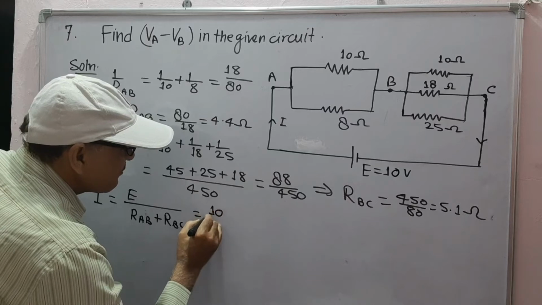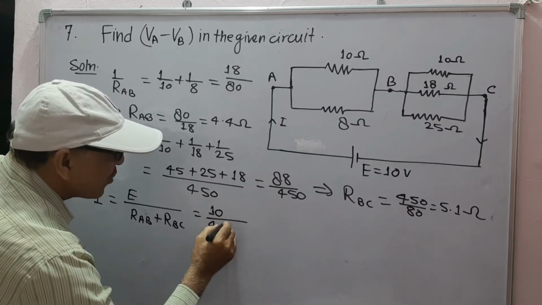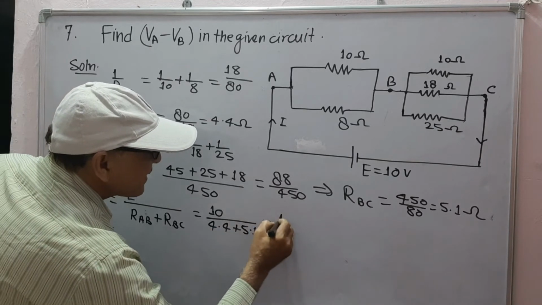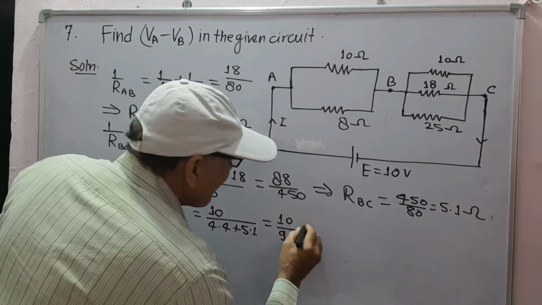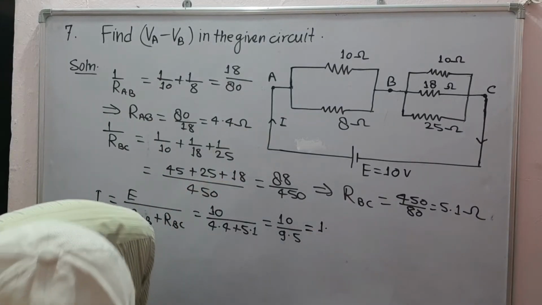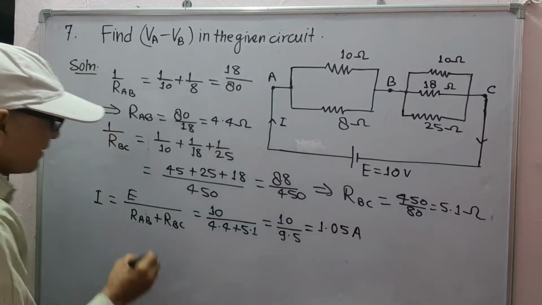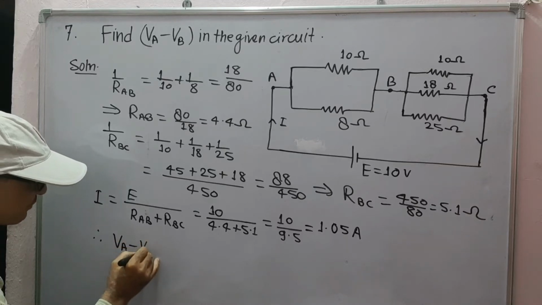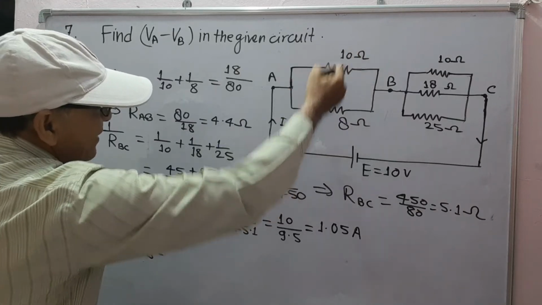So 10 upon 4.4 plus 5.1, that is 10 upon 9.5. I is equal to 1.05 ampere.